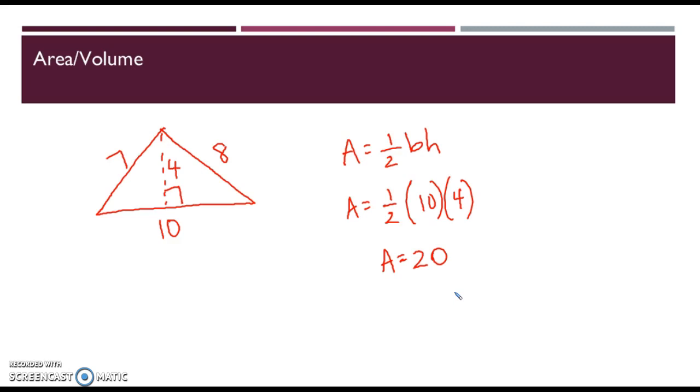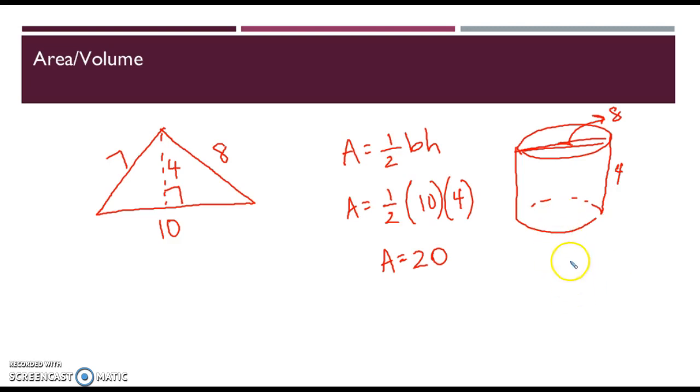And again, we made a foldable with all the different formulas that we use and the different shapes we find the area for. We did the same thing with volume. So for example, if I had this shape, I will say that this is 8 and this is 4. This is a cylinder, and to find the volume of a cylinder, it's pi r squared h.